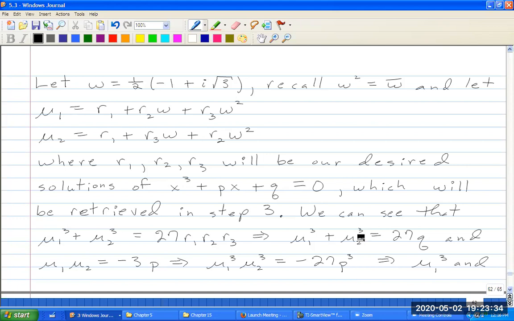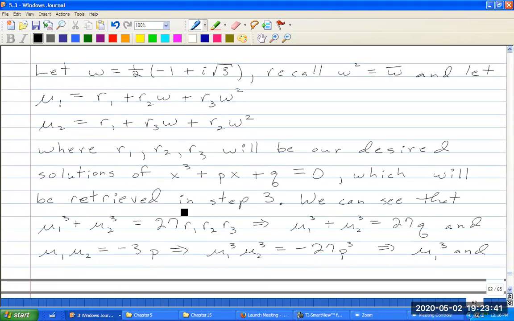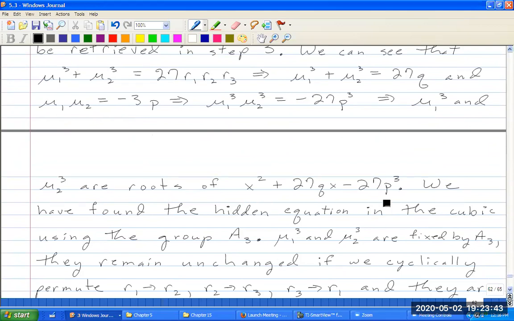And so mu 1 cubed and mu 2 cubed are just solutions of this quadratic equation, x squared plus 27x minus 27p cubed equaling 0.